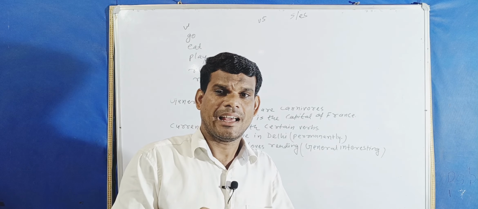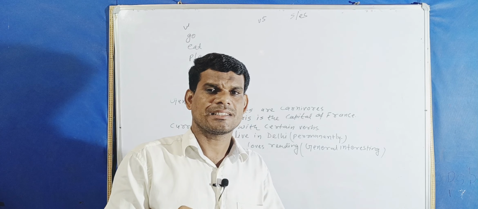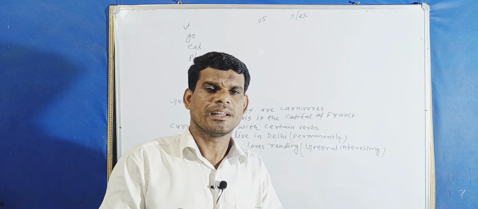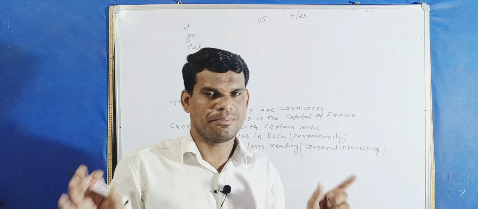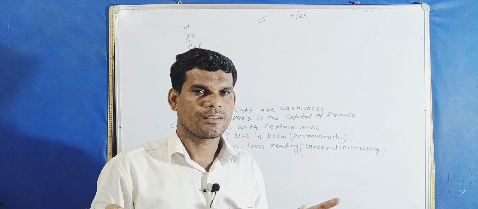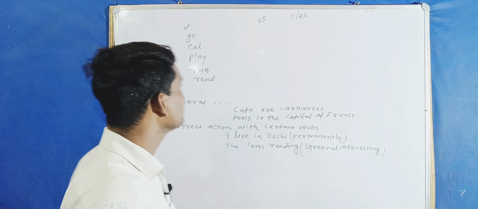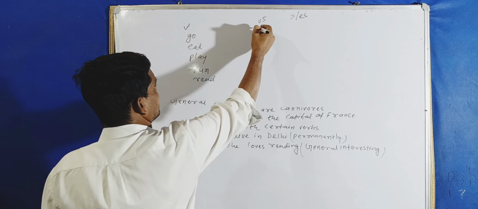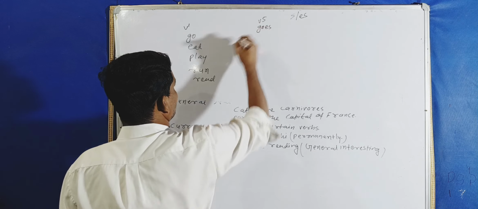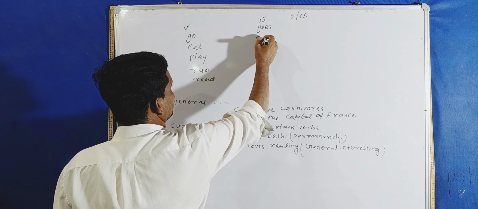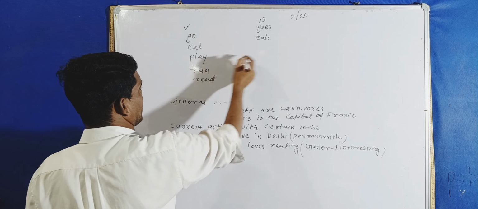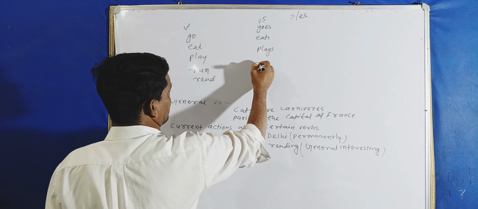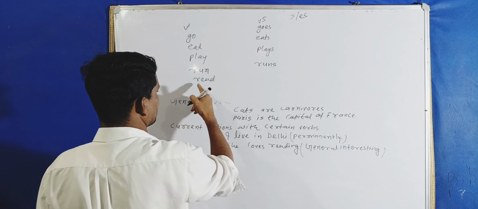When we add s or es at the end of verb 1, it becomes verb 5. For example, go plus es, goes; eat plus s, eats; play, plays; run, runs; read, reads.